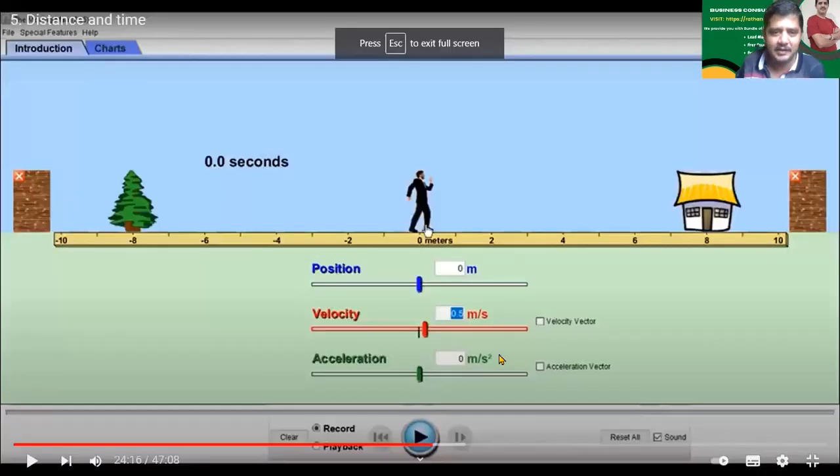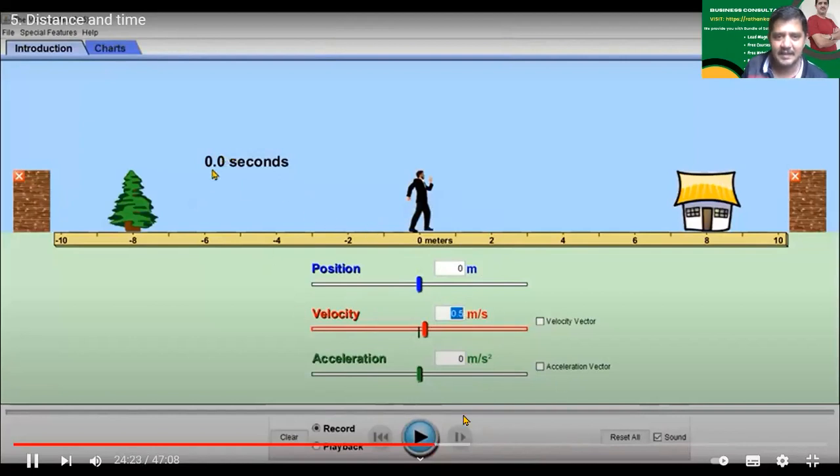So this is what it is, wherein you have a person over here, and you made him move. You fix the velocity of the person to be around 0.5 meters per second, and then you change the position of the object. We ran this, and you observed that the person started to move.